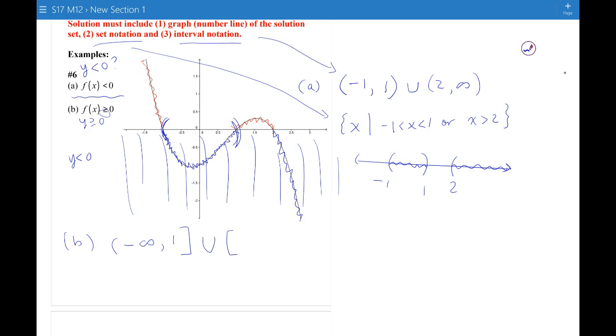And then from 1 to 2, including 1 and including 2. So this is our interval notation. So that's the set of all x's such that x is smaller than or equal to -1, or 1 is less than or equal to x, which is less than or equal to 2.